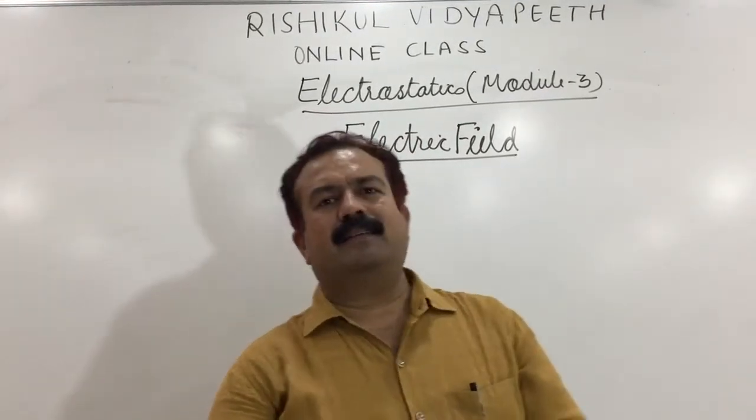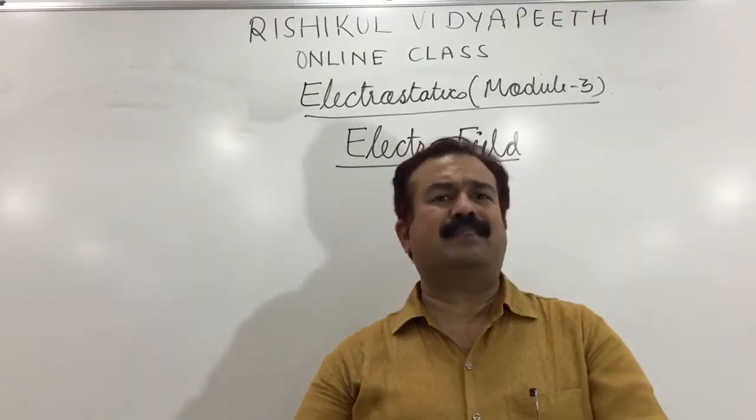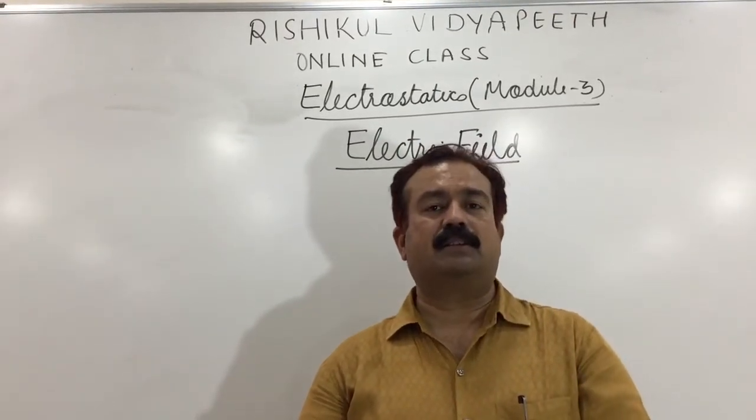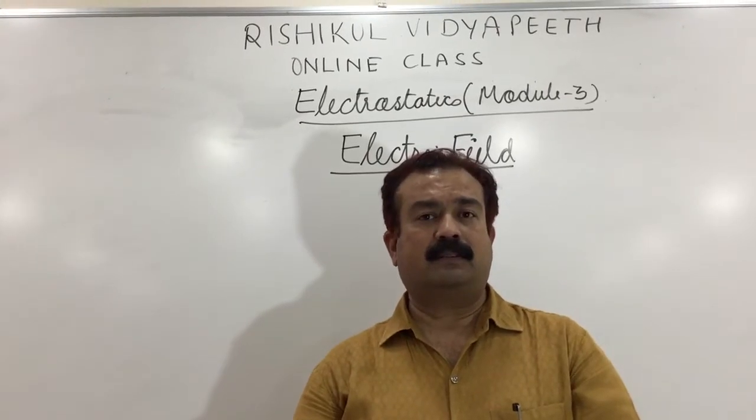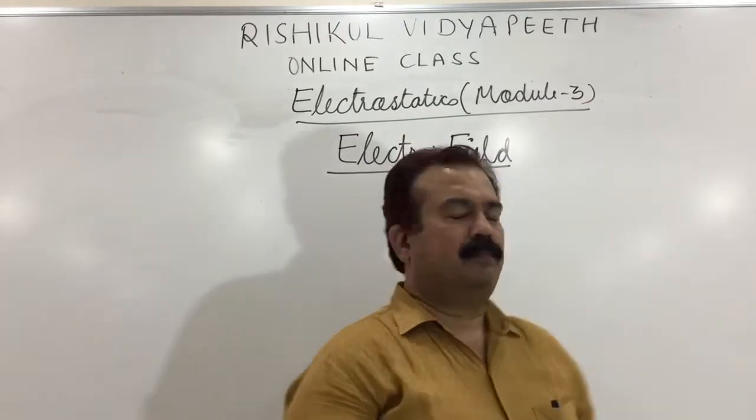The question arises, what is the meaning of electric field? You all have studied in your 11th class gravitational field. What was that? Just remember it and try to listen what I am saying.